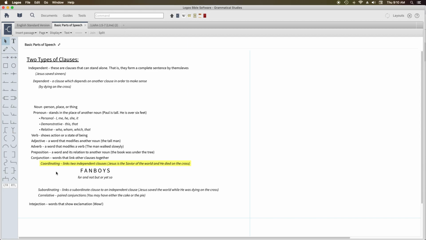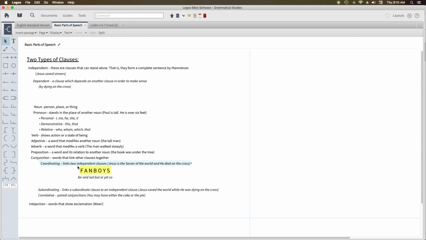There are several coordinating conjunctions that you need to know, and an easy way to remember them is the acronym FANBOYS. FANBOYS is for, and, nor, but, or, yet, so.